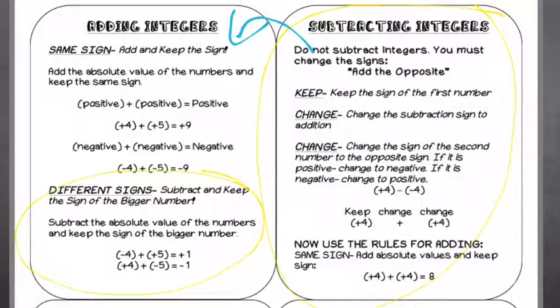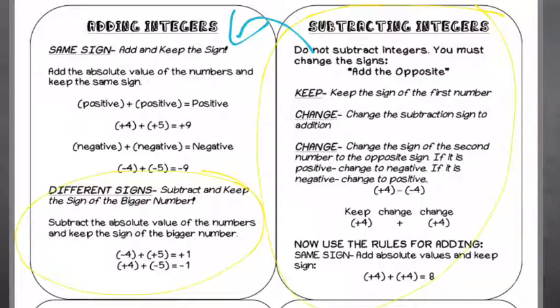So very quick, as a class, what's the rule for adding integers with the same sign? Add the numbers and keep the same sign. Adding the numbers is important. And it's actually going to be important for the quiz to say exactly that.